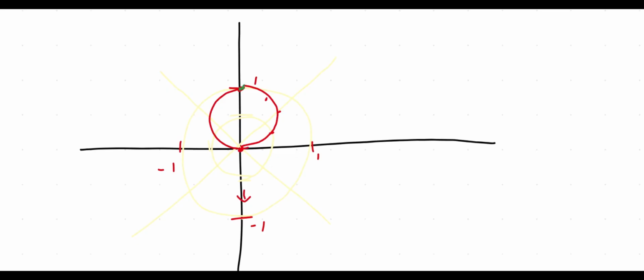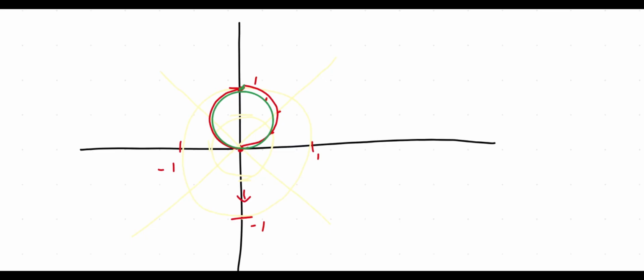So from 0 to pi, we do this, and then pi to 2 pi, it goes around a second time. So our graph of r equals sine theta is a circle. It goes through the origin or the pole, and it is going up and down.